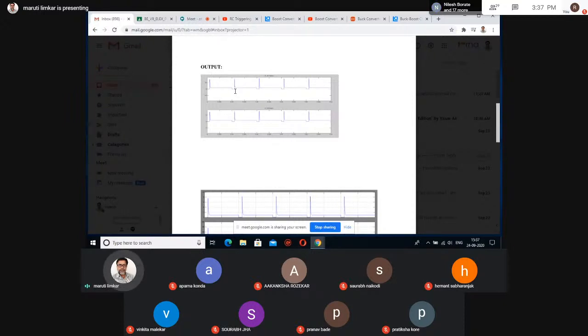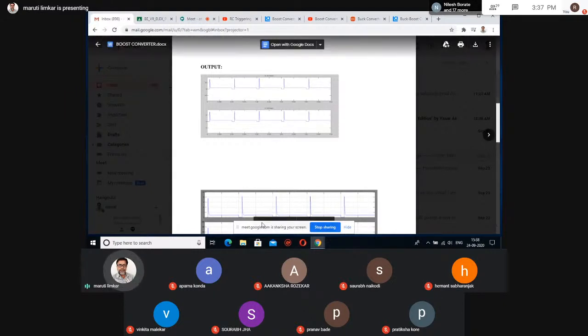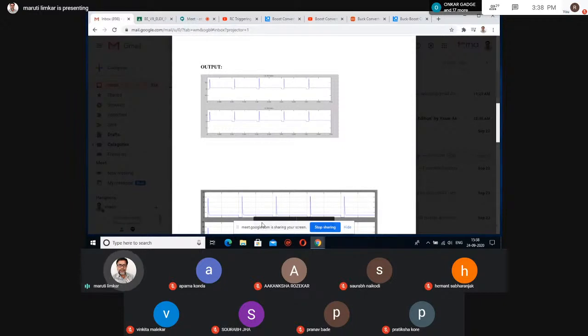So next time you have to submit all these 4 experiments. Your first experiment is R triggering. In the first experiment, you have to combine R triggering and RC triggering.